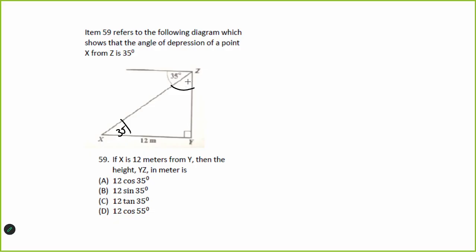And this one here is 90 minus 35, which is 55. So this here is 55. So using theta equals 35, your adjacent is equal to 12, and you want to find out the height of ZY, which is your opposite.